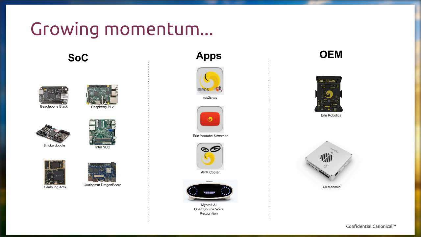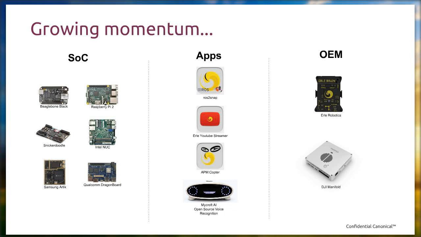At the same time, we have applications available in the store such as ROS to Snap, which allows you to take any ROS application and convert it into a Snap package. We have a YouTube streamer available already. We have an APM Copter application available from Erle Robotics, who have also developed their Erle-Brain running on a Raspberry Pi, consuming Snappy, and able to deliver applications at a moment's notice.